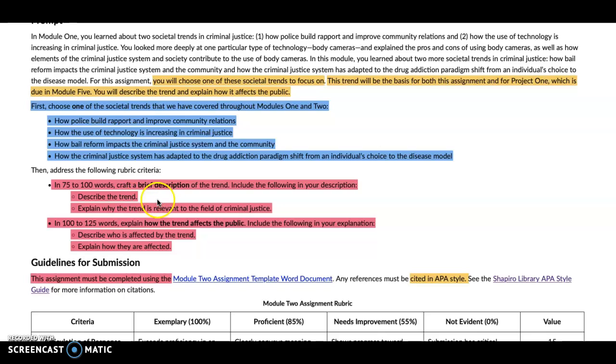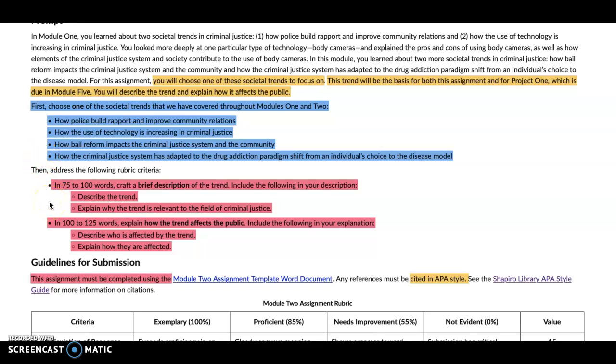There are two here: describe the trend and then explain why it's relevant, and then the same way in how the trend affects the public. Describe who is affected by the trend and explain how they are affected. So again, you're going to be applying these two factors here to whichever trend you selected up above. Again, remember, you're only going to select one of these.